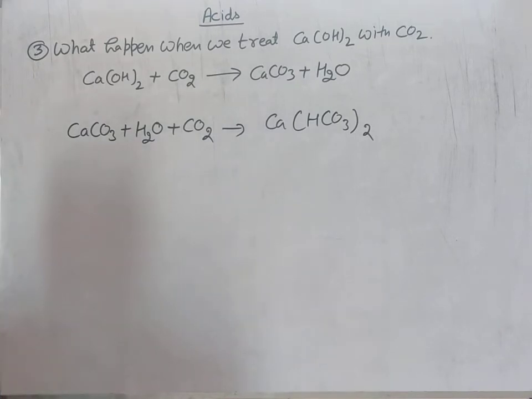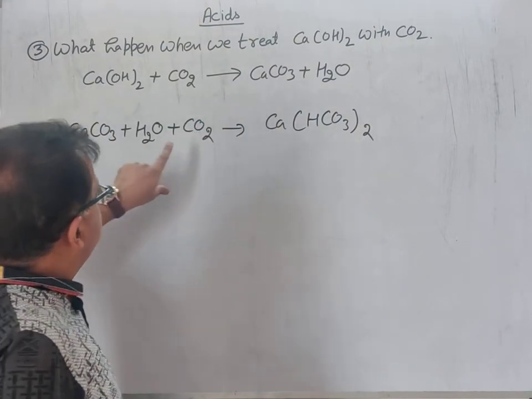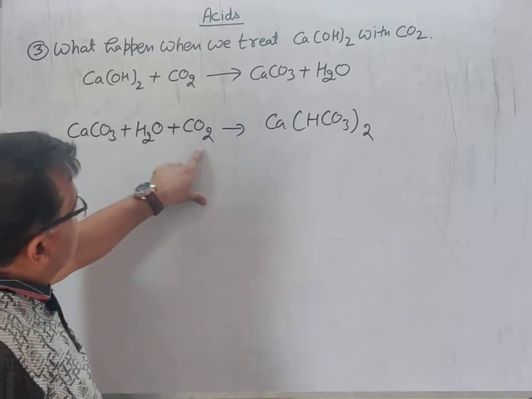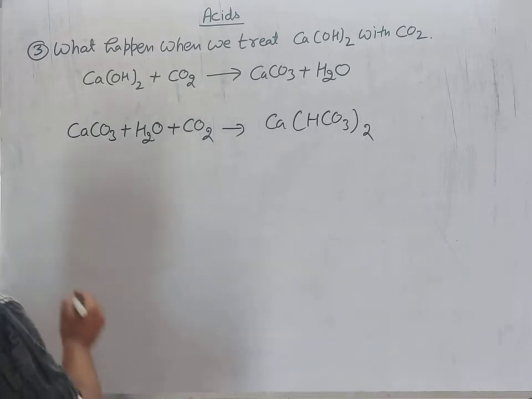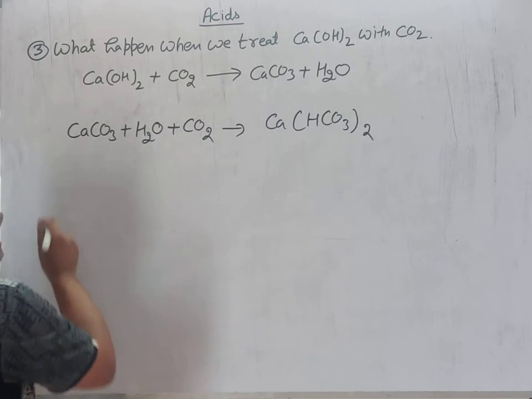So this is the reaction that happens when lime water is treated with carbon dioxide. At first calcium carbonate is formed. If continuous or excess supply is given, then this is formed. Next is dilution of an acid, or how can we dilute an acid?